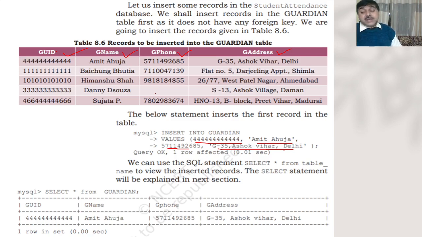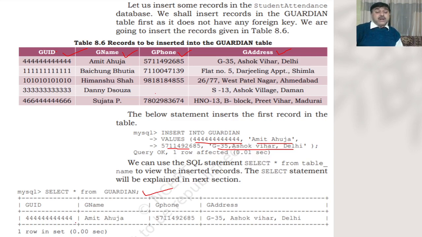As the attributes are arranged in the table, you have to follow that same form and work on it. Then, to see that the value has been inserted, you use a select command: select asterisk from guardians.